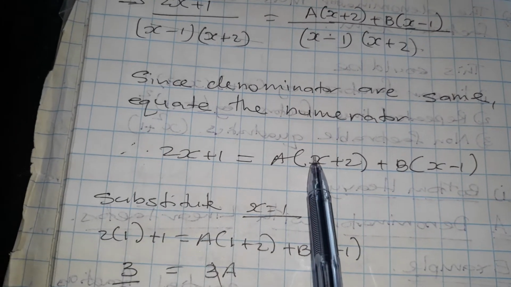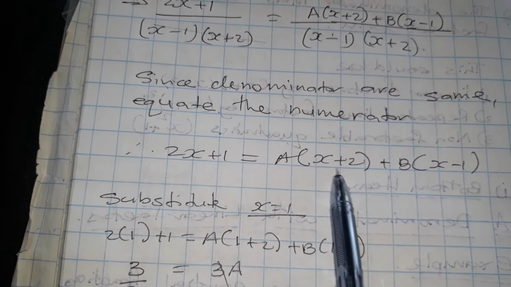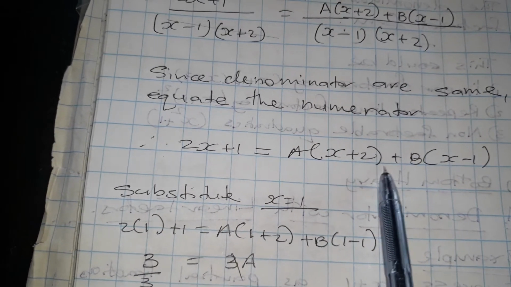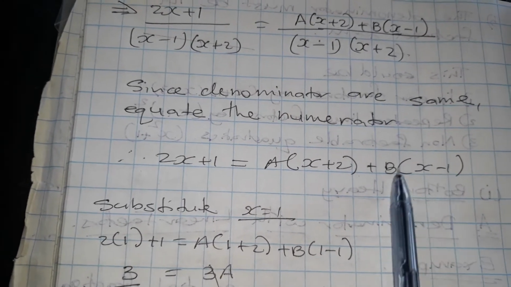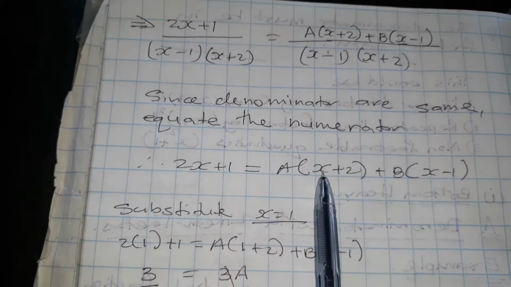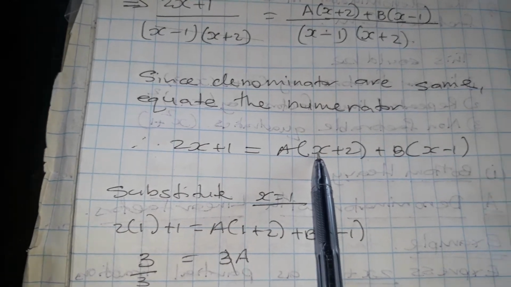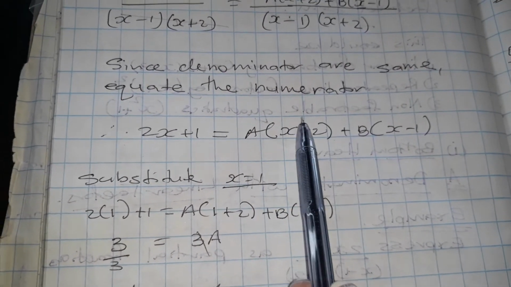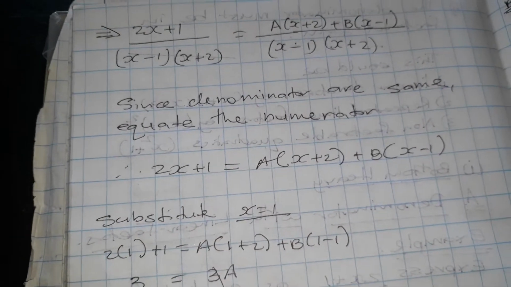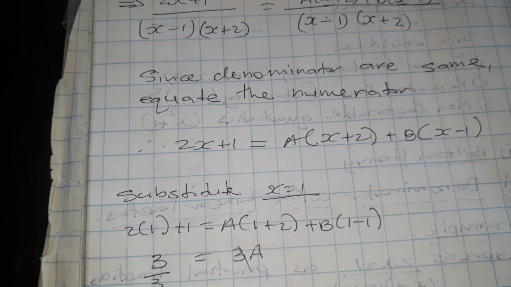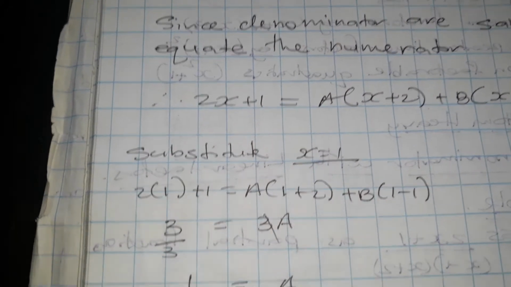We will substitute values so that my bracket becomes 0. What will I substitute in place of x so that this bracket becomes 0? I'll substitute 1. And for the other, I'll substitute negative 2. So that my bracket becomes 0, and anything multiplied by 0 will be 0, and it will eliminate one of the variables for us.